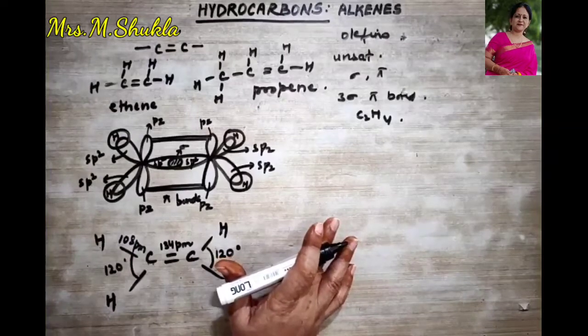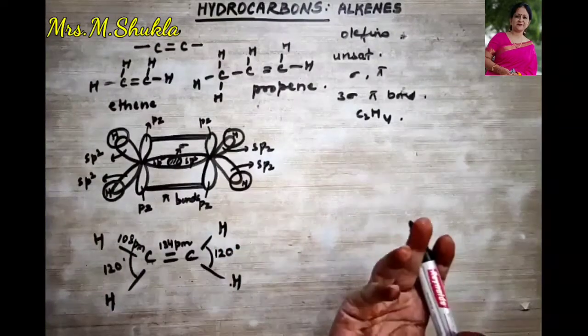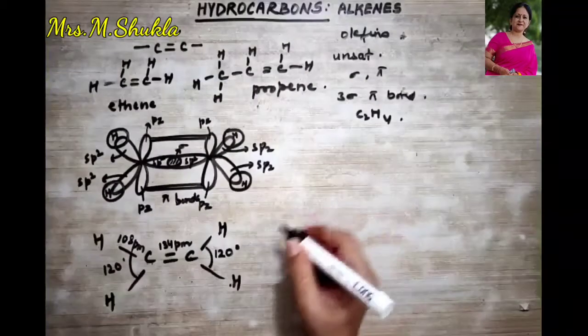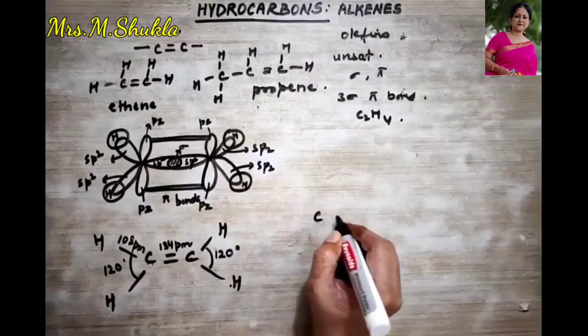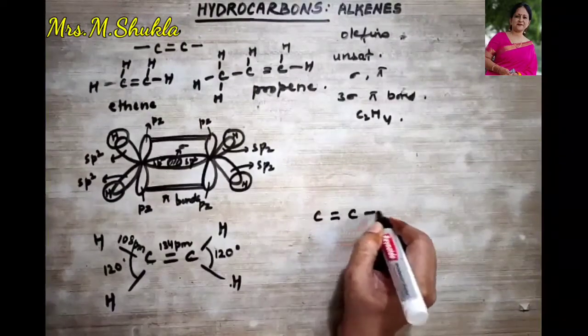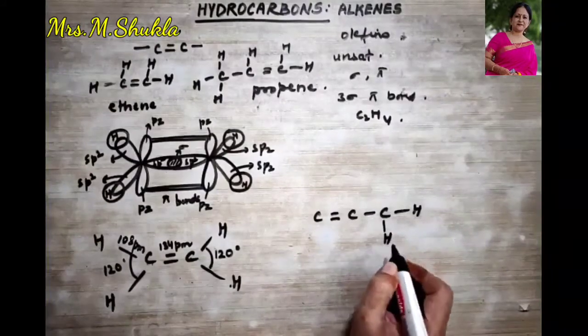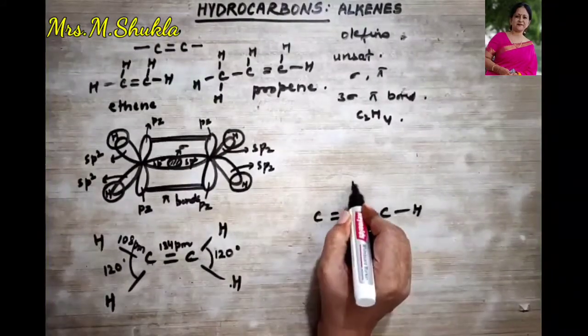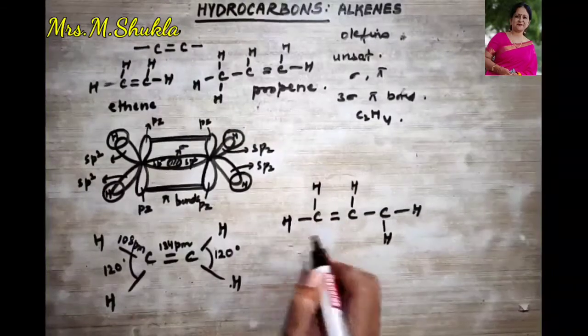Now let us talk about the hybridization of carbon atoms in propene. Let's look at propene. Now I'm not going to draw this figure. I'll show it to you like this. Carbon, double bond, carbon, hydrogen. We have one hydrogen here.